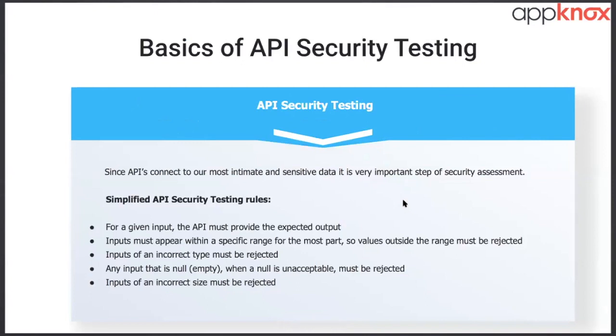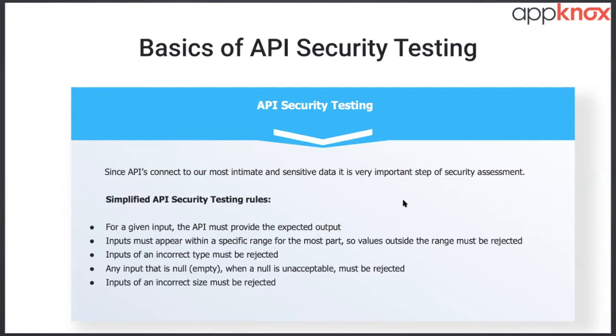The basics of API security testing. Since we all know that APIs connect to our most intimate and sensitive data, it is a very important step of security assessment to check if APIs are secure or not. Some of the basic rules for API security testing: if you are giving any input to the API, the API must provide whatever expected output it should give. You should check that while doing security testing.